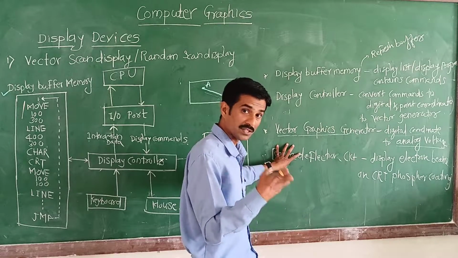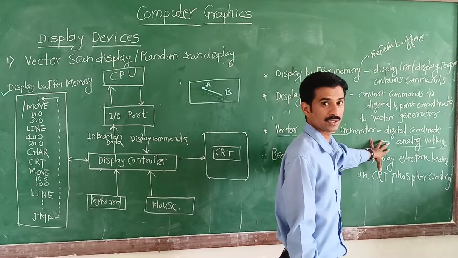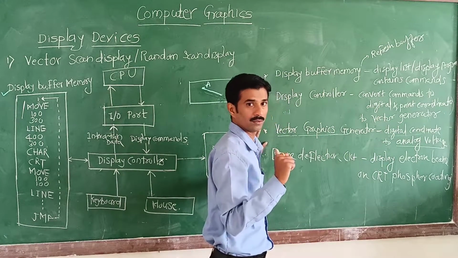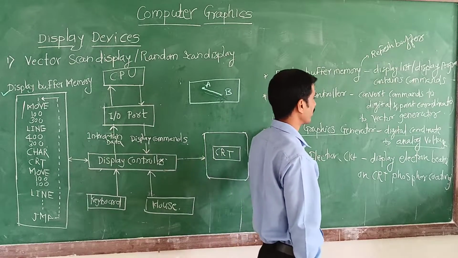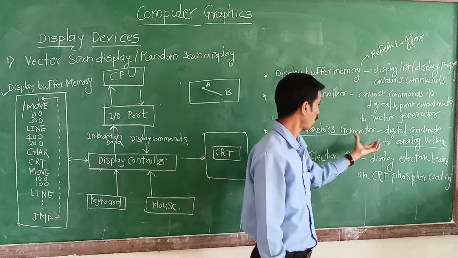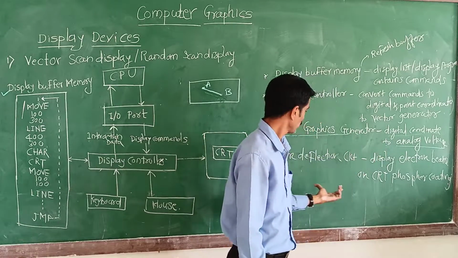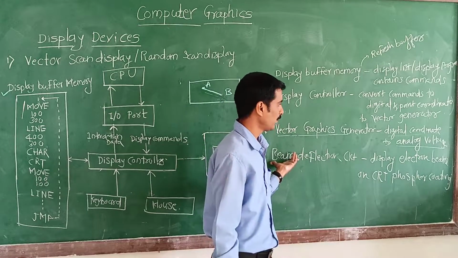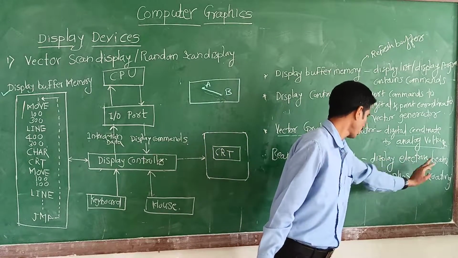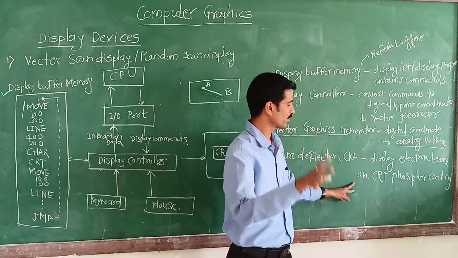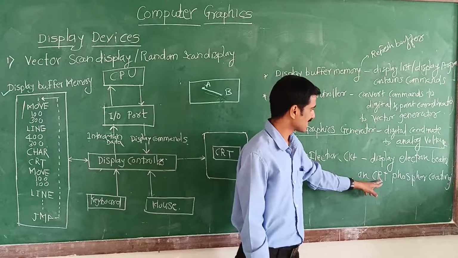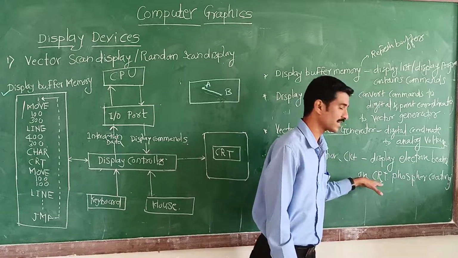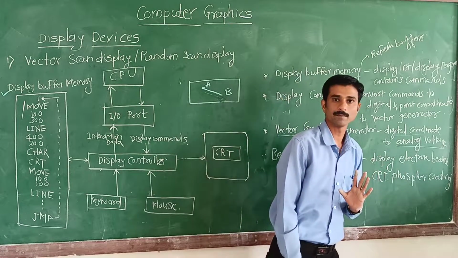It receives the analog voltage from the vector graphics generator, and with that particular voltage it will emit the electron beam onto the CRT phosphor coating, that is the cathode ray tube phosphor coating.